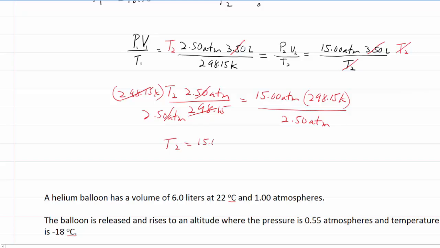T2 equals 15 atmospheres, all divided by 2.5 atmospheres. And when I solve for T2, I get 1,788 Kelvin.